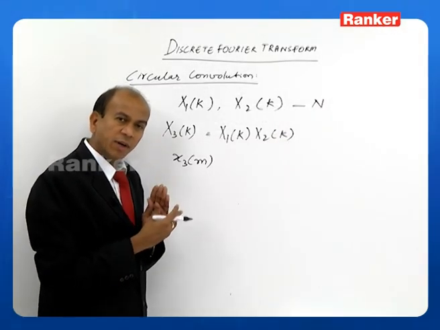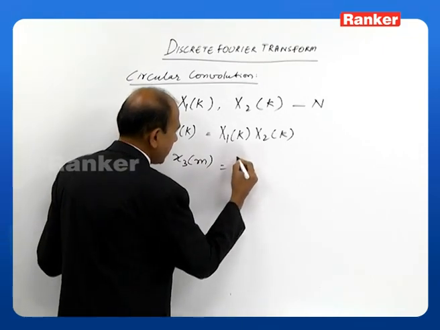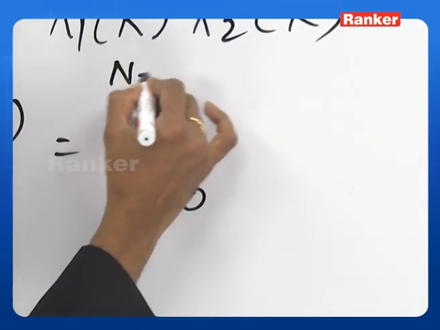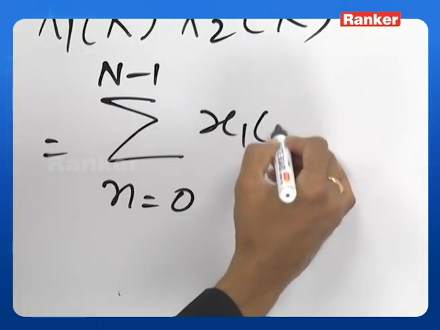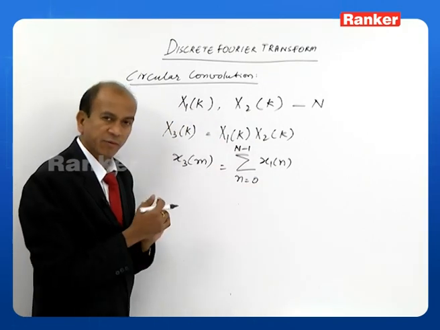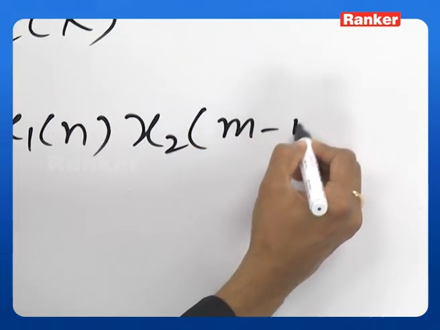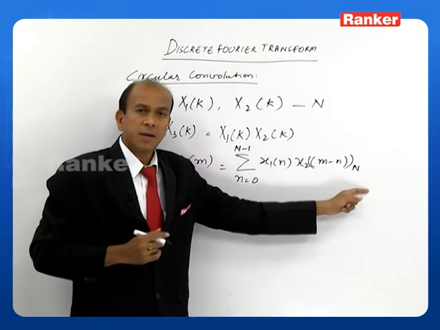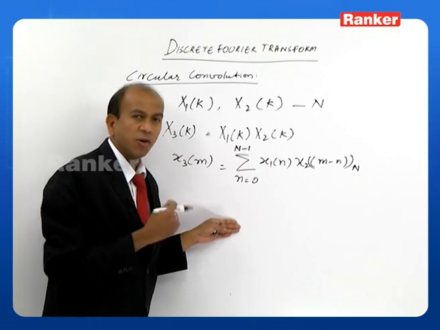Let us see what the equation for this is. It is given by the summation n equal to 0 to N minus 1, where N is the length of the sequence, of x1 of n times x2 of (m minus n) mod N. So, this is what is the circular convolution.